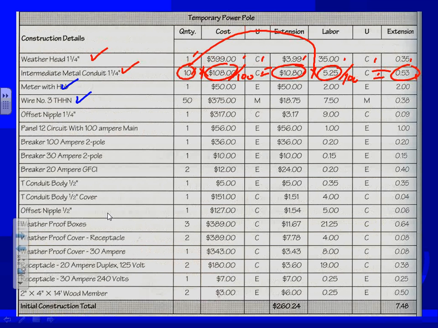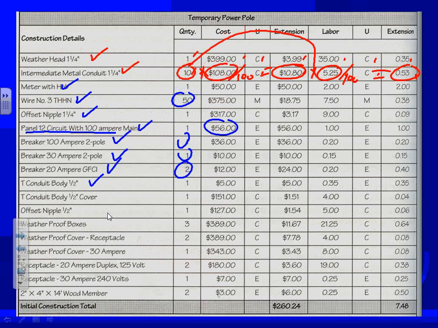Okay, then we also have meter hub, remember that? And we need wire number 3, 50 feet of wire number 3. Offset nipple, and we need a panel, 12 circuit, breaker 100 amp. That's a panel, so here's how much it's going to cost me. I have breakers: a 100 amp breaker, 3 30 amp breakers, 2 poles, and 20 amp breakers, 2 of them. So I have 4 breakers, 130 and 200, one of them is main.